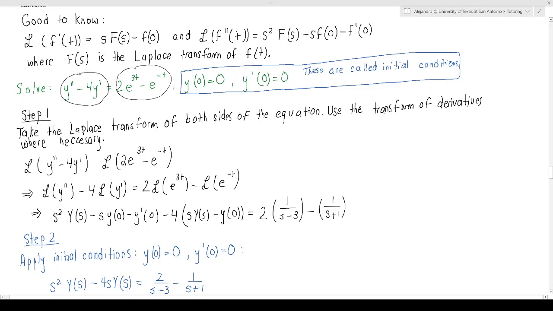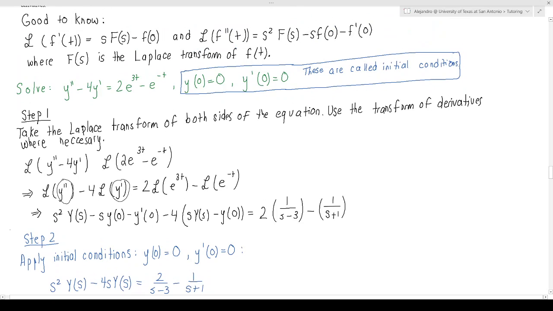So this step is Laplace of y double prime minus 4 times the Laplace of y prime is equal to 2 times the Laplace of e raised to the 3t minus Laplace of e raised to the negative t. And this is all using linearity. If you notice, we're breaking up each individual transform so that we only have to focus on just, for example, e raised to the 3t, e raised to the negative t, y prime, and y double prime.